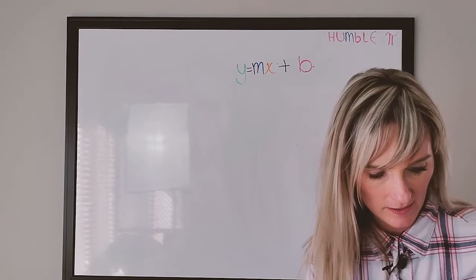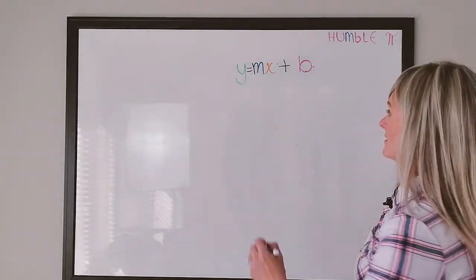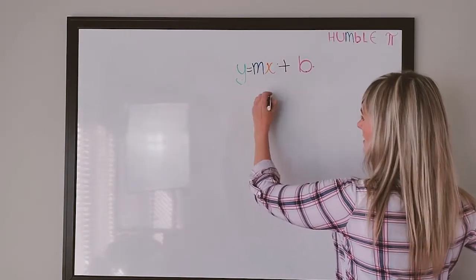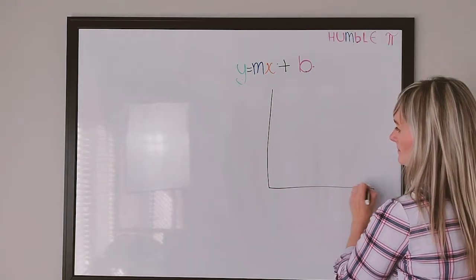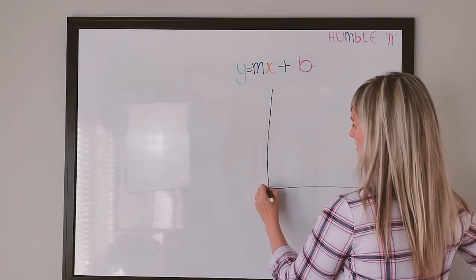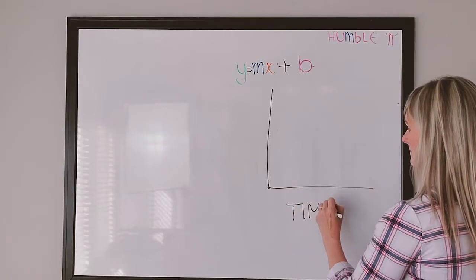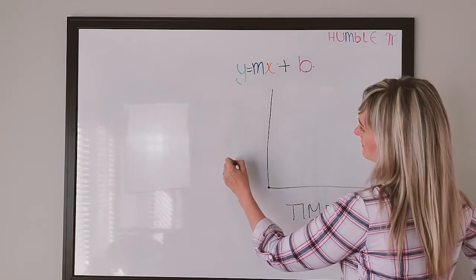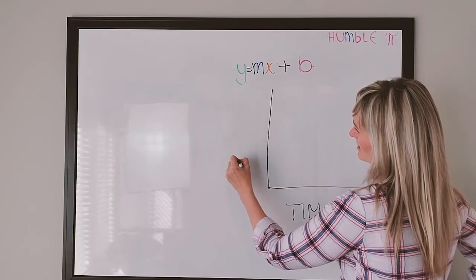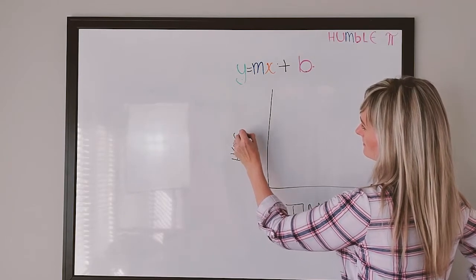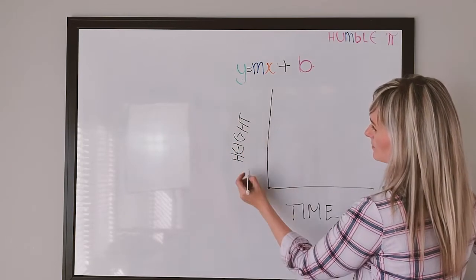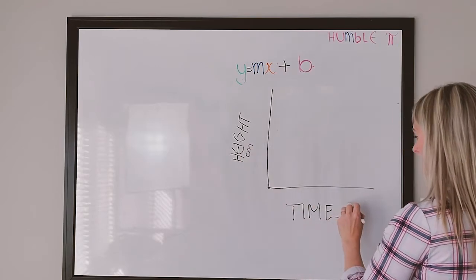Okay, and our last example will be our plant. So our plant is growing the entire time. And we can say we're starting at time 0. Again, we've got time. Over here, we've got height. And we'll say in centimeters, and our time will be in months.